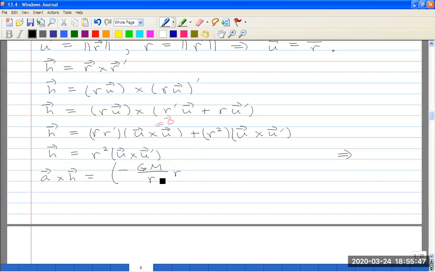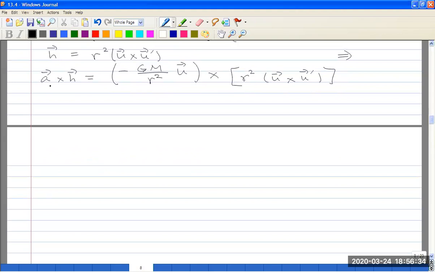Let me write the vector R over R as U. U cross H, which is R squared times U cross U prime.